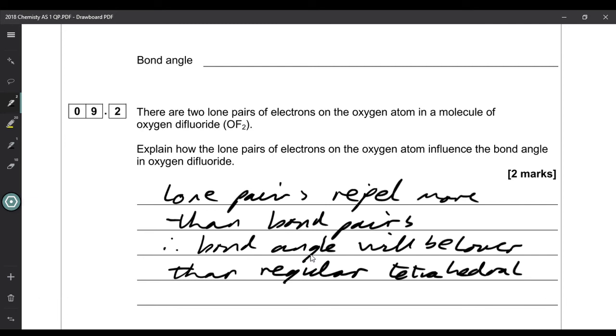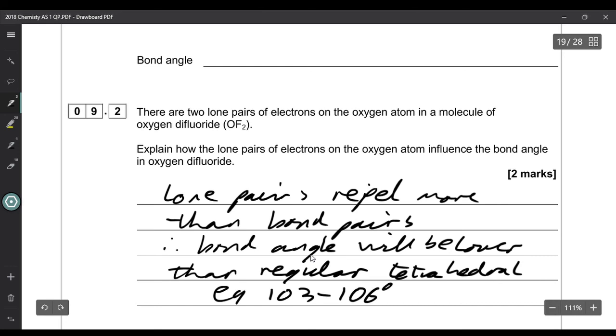So we'd expect an angle of round about somewhere between 103 and 106 degrees.